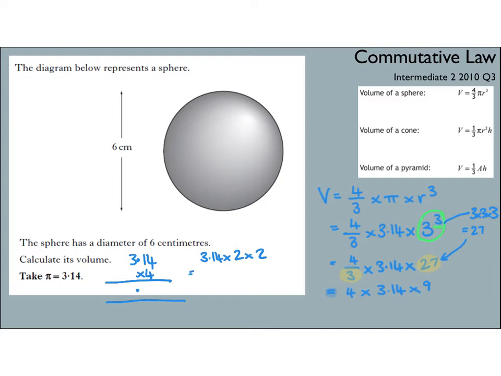So if you double it, you get 6.28, and if you double it again, you get 12.56. Old-fashioned way, 4 4s make 16. 4 1s is 4, add on the 1 is 5. 4 3s make 12.